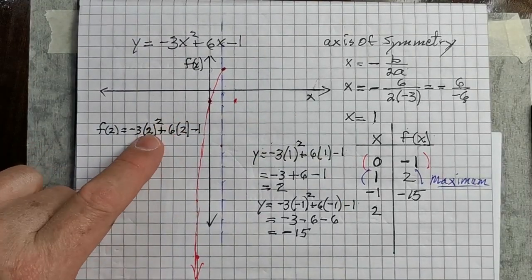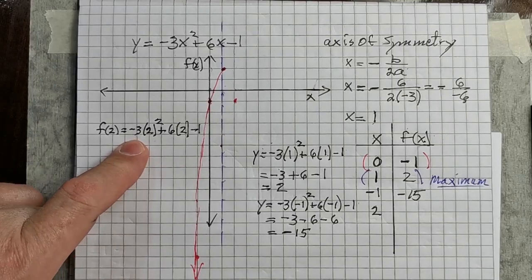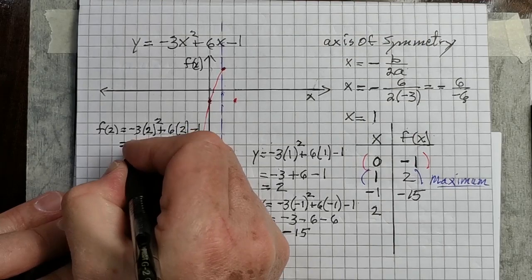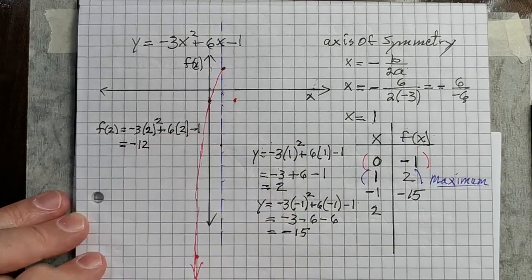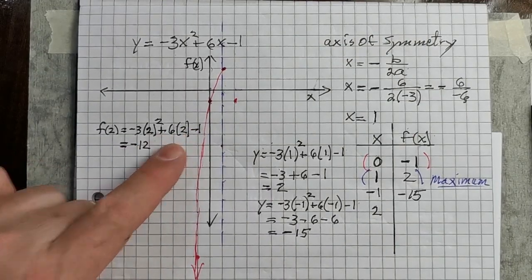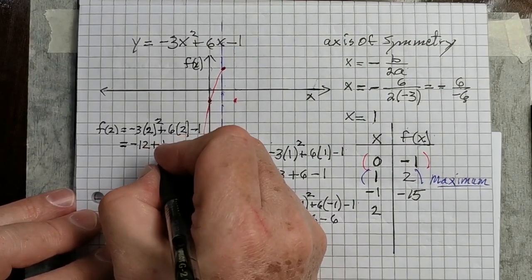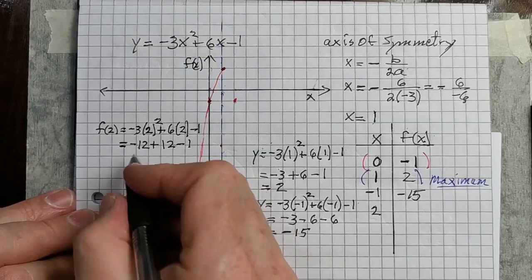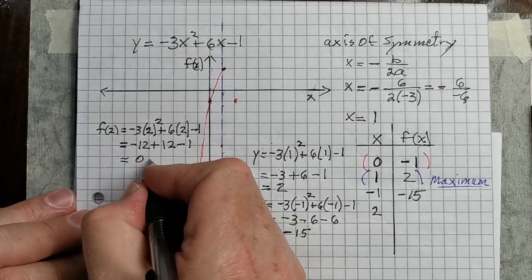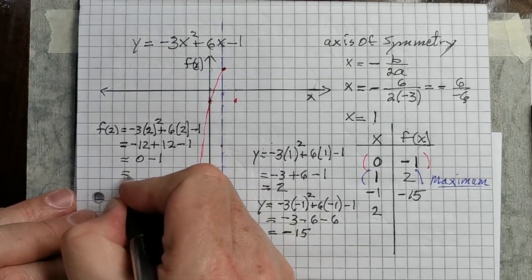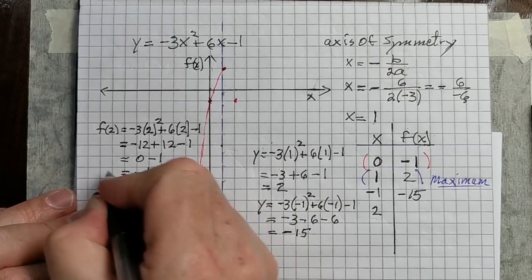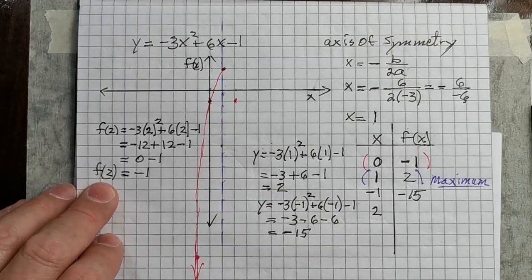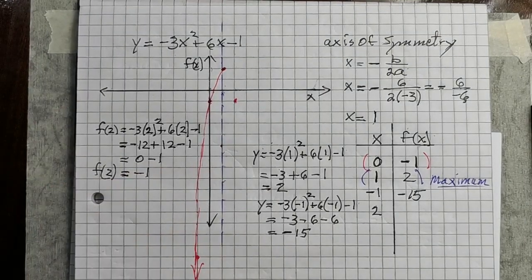So 2 squared is 4. 4 times 3, 12, but there's a minus sign in front of it, so it's minus 12. Plus 6 times 2, which is positive 12. And then minus 1. So what's negative 12 plus 12? 0, subtract 1, or just minus 1. So f of 2, the value of the function when x equals 2, is equal to negative 1.